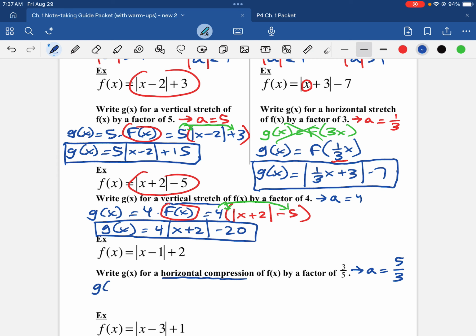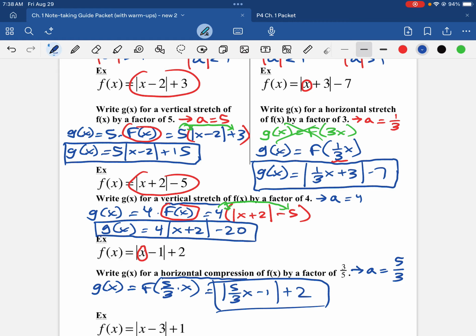And then I'm multiplying the input by 5/3, so it's going to be f of 5/3 x. Okay, so that means I'm replacing the input in this problem, which is where the x is. I'm just going to replace the x with 5/3 x. So I've got the absolute value of 5/3 x minus 1 plus 2. So that's what g of x is going to equal.